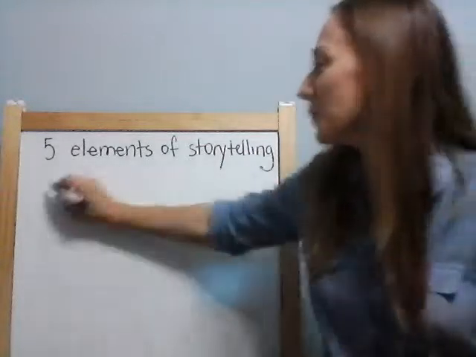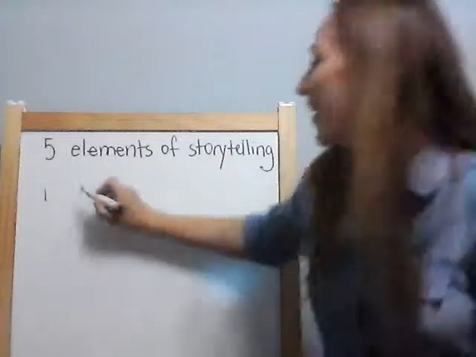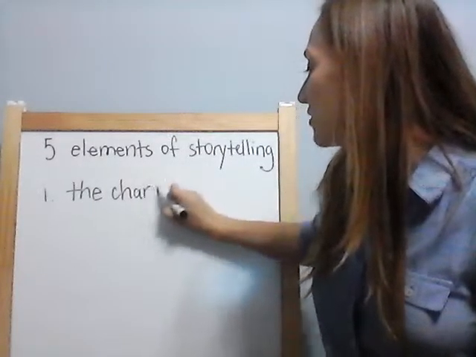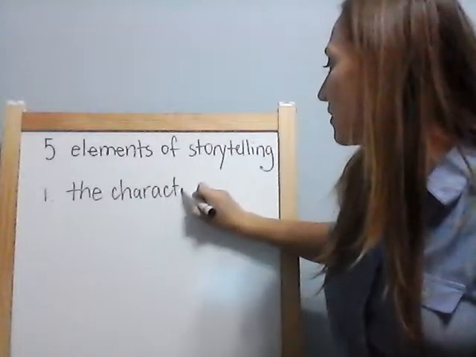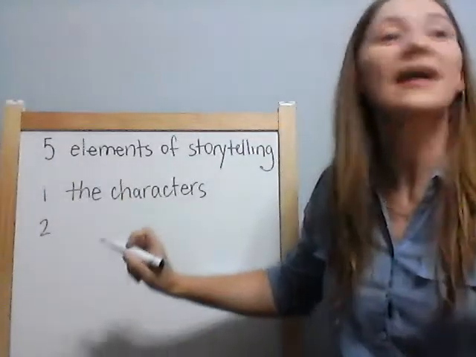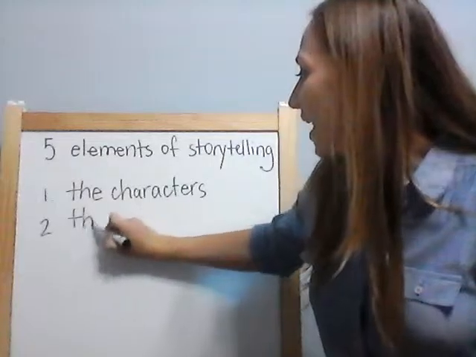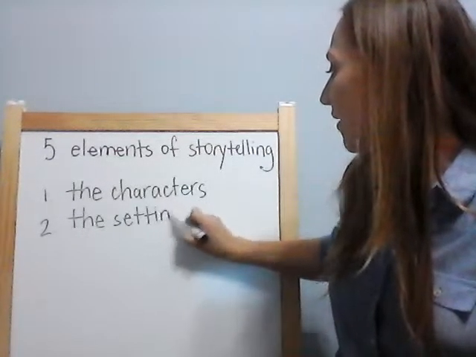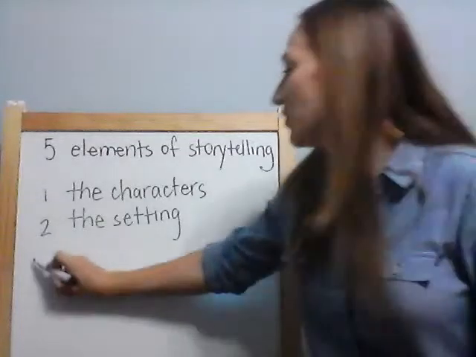Okay, so the first one is the characters. Great job. The characters of our story. Okay, and the second one is the setting. Yes, the setting of our story. Okay, I see your hand.